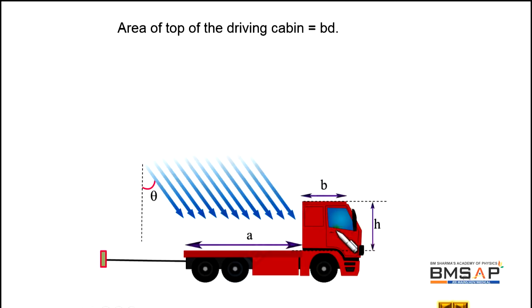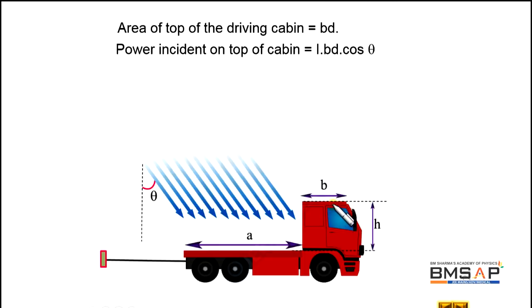And we know the radiation is incident on this surface at a certain angle, that is theta with the normal. That means we can calculate the power incident on top of the cabin by the formula I A cos theta, and A we have calculated as B multiplication D. That means power incident on top of the cabin is equal to I multiplication BD multiplication cos theta.